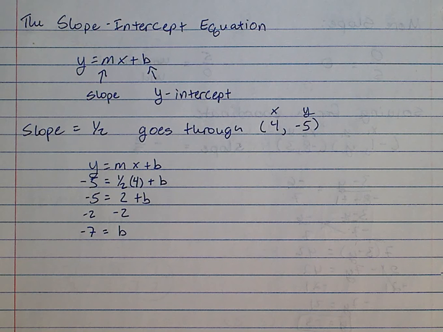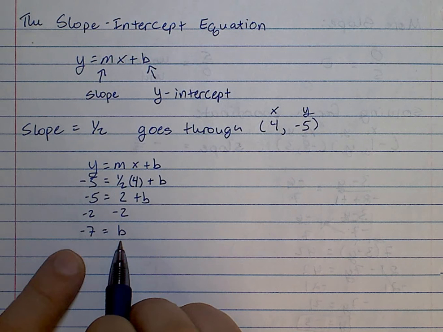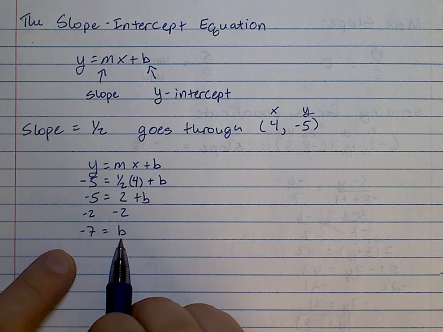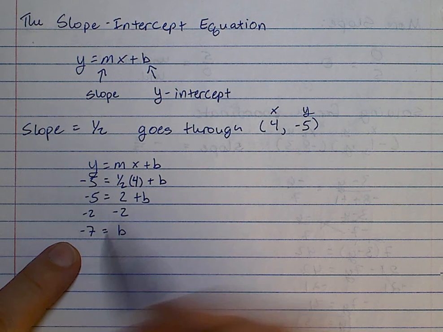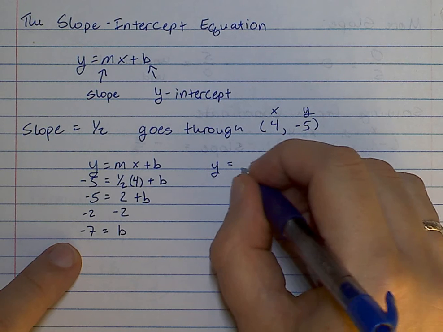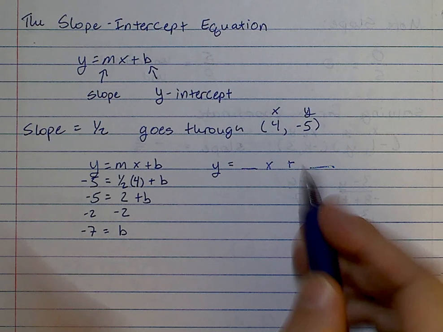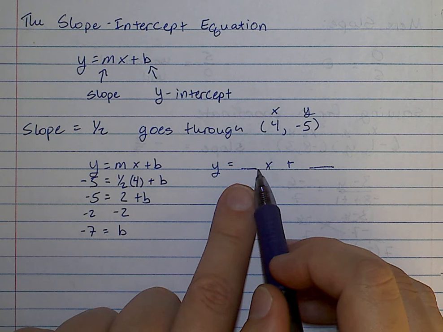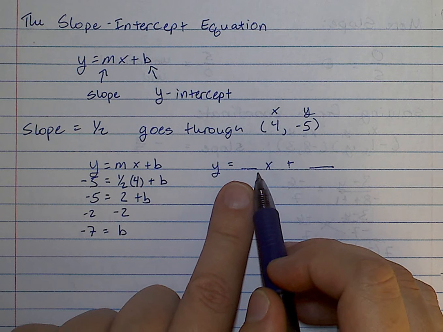Now this isn't the end, though. Finding out what b is is only one step on the road to figuring out what the slope-intercept version of the equation is. I have to take the b, and I have to use the slope. So essentially what I'm doing is I'm getting y is equal to something times x plus something. Now the thing I plug in to this first place is the slope. What did I already know the slope was? 1/2.